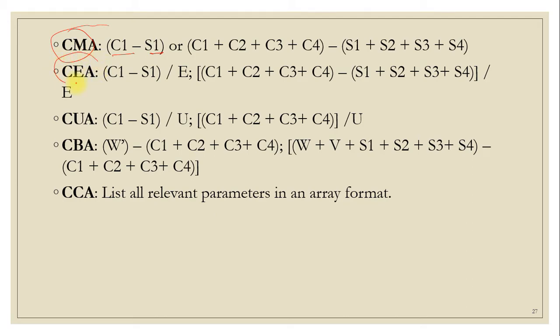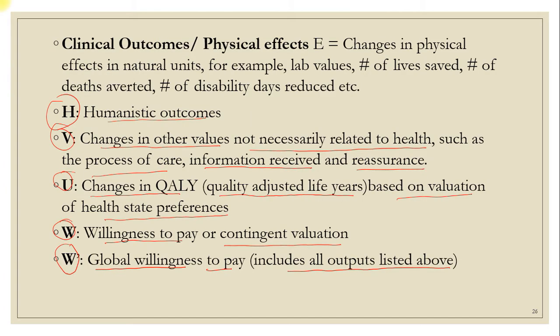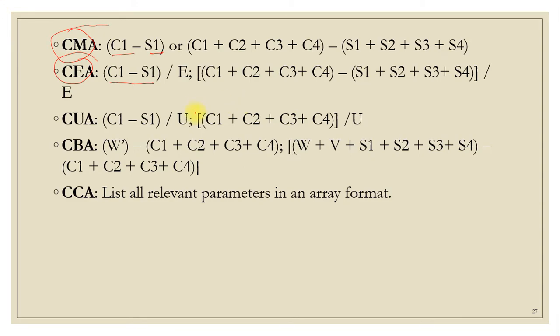So CEA is given by C1 minus S1 divided by E. Okay, so what is E? E is clinical outcomes or physical effects. So C1 minus S1 divided by E, or alternatively C1 plus C2 plus C3 plus C4 minus S1 plus S2 plus S3 plus S4 divided by E.